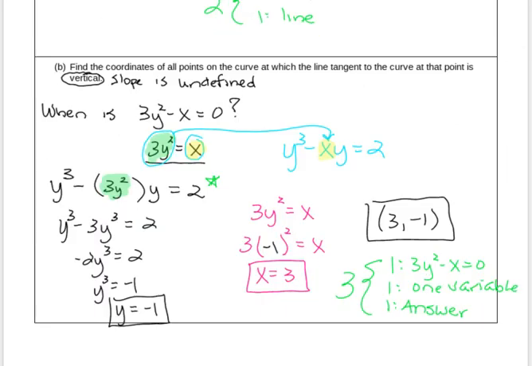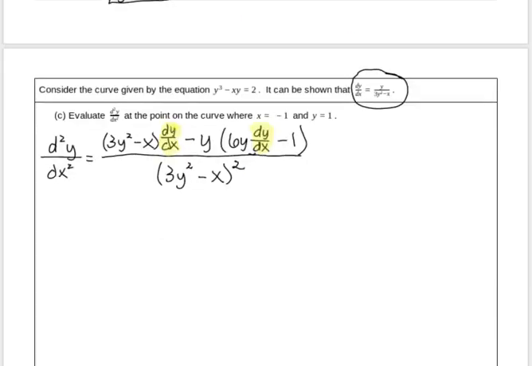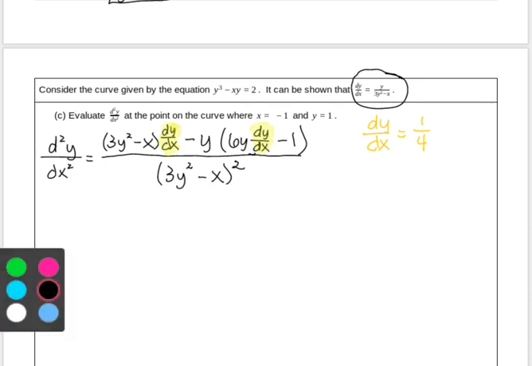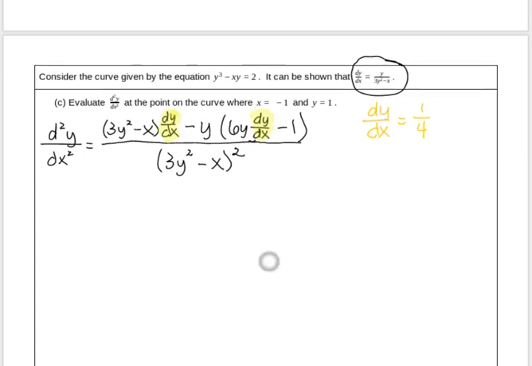So we don't have to do all of that work again. So what I'm going to do over here on the side is write us a reminder that we already got dy dx to be equal to 1/4. So those two places that I highlighted already, we're going to go ahead and just use that 1/4. We don't have to plug in the derivative in here and simplify it down. We don't have to find it again. So we kind of luck out.